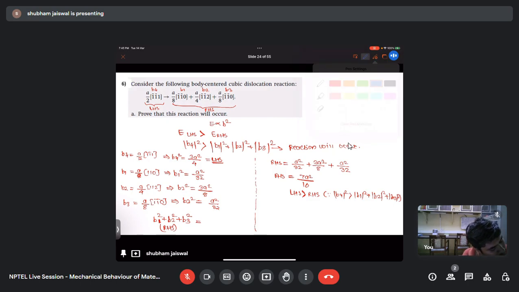So this reaction will happen. Let me write down the note: the energy is lower after the reaction and therefore the reaction will occur.